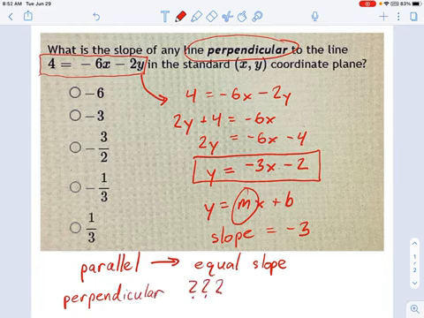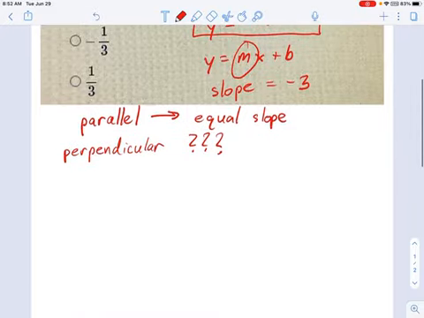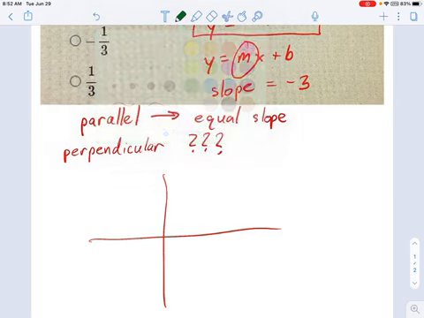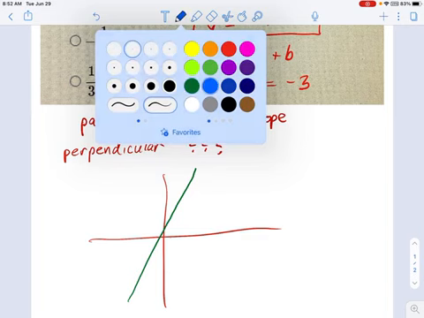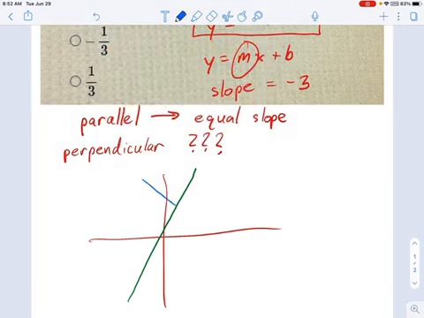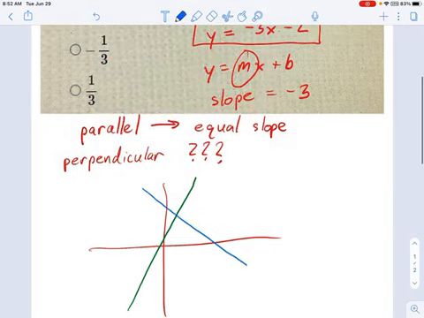Let's draw a graph here, and hopefully that will clear it up a little bit. Let's say I have my XY graph, and I've got a line, and you can see it's a very steep line right here. I want to know the slope of a line perpendicular to it. Well, the perpendicular line will look like this, and that's a right angle formed between them because they're perpendicular.